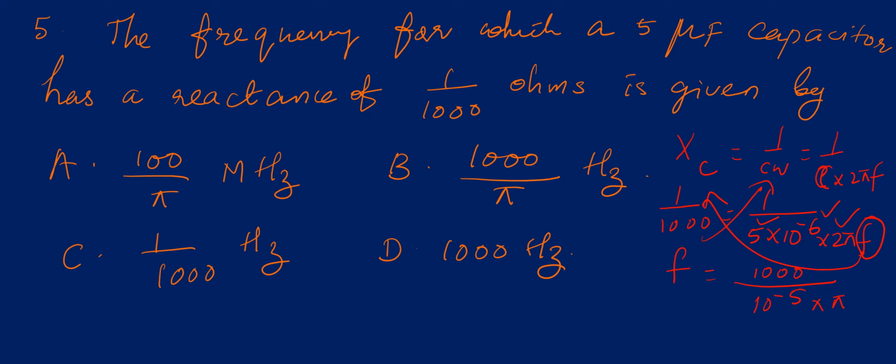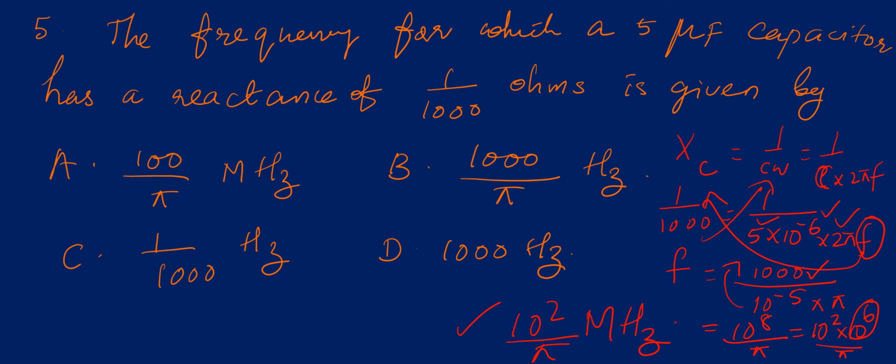When 10 raised to minus 5 goes to the numerator, it is plus 5, and here 10 raised to 3 is there. So 10 raised to 8 divided by 5. 10 raised to 8 we can write as 10 square into 10 raised to 6 divided by 5, and 10 raised to 6 is mega. So the answer is 10 square, or 100, divided by 5 megahertz.